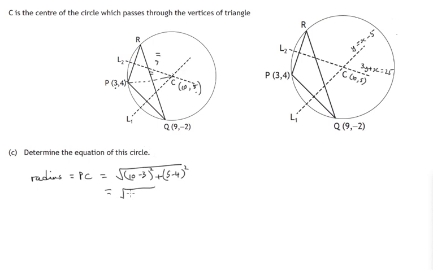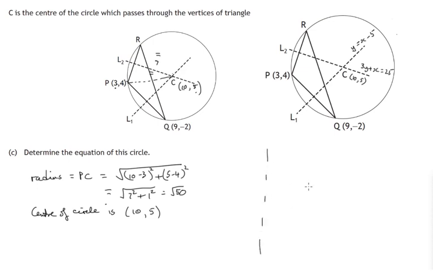So we've got 7 squared plus 1 squared. That's the square root of 50 for the radius of the circle. And the centre of the circle is (10, 5).